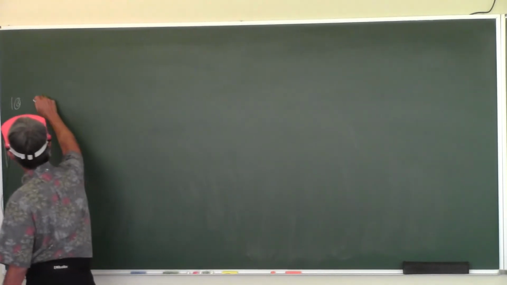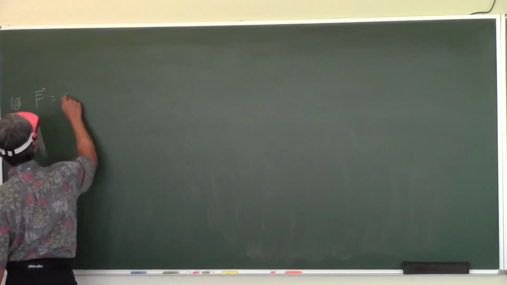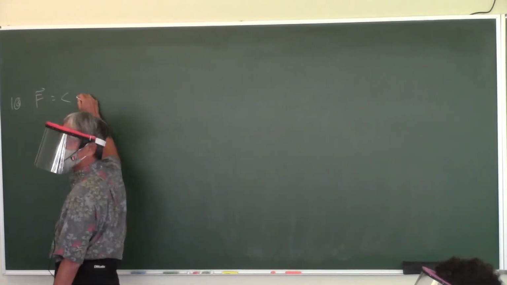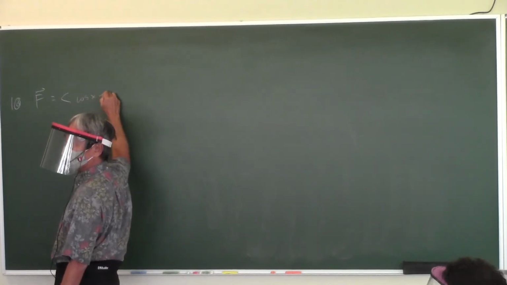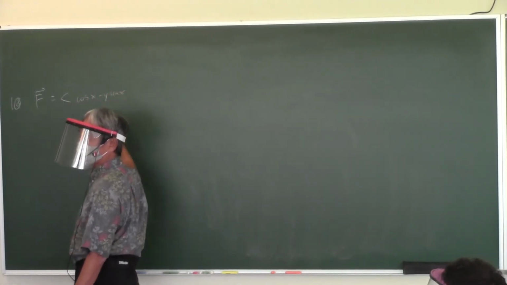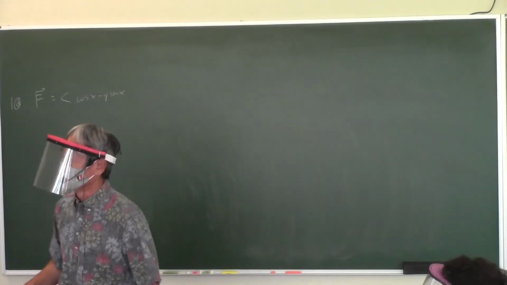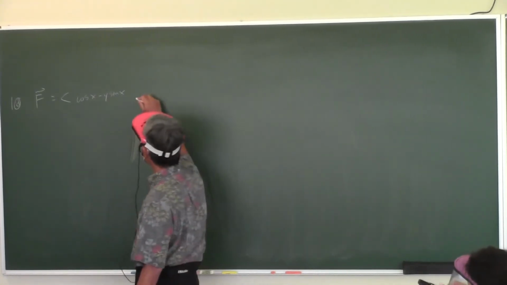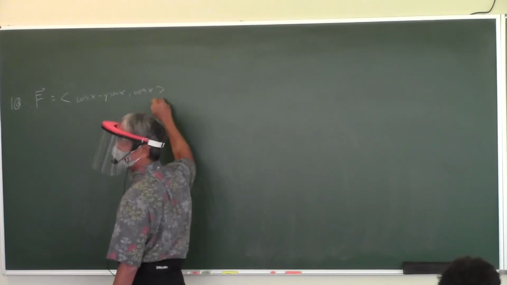Okay, so the force vector is cosine x minus y sine x, comma, cosine x.